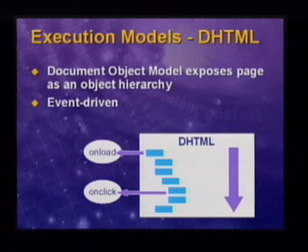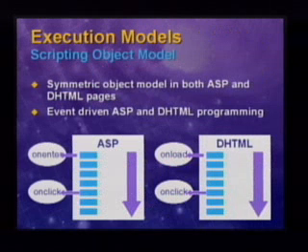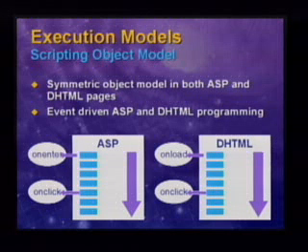Very much event-driven. What we try to do with the scripting object model is try to bring that event-driven model to ASP, so that you can reason about these kinds of programs in a very similar manner. So there's not this disparity between the two different ways of doing programming. For a Visual Basic programmer, it'll make more sense in that you can put a control down, you can write a click event behind it, and write that code, and you're off and running.